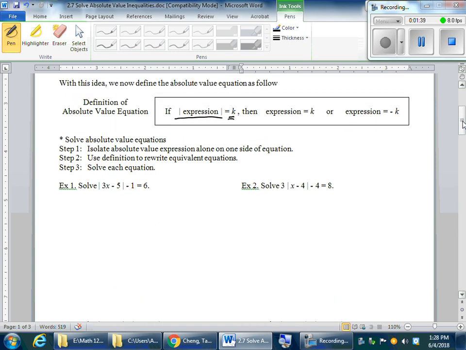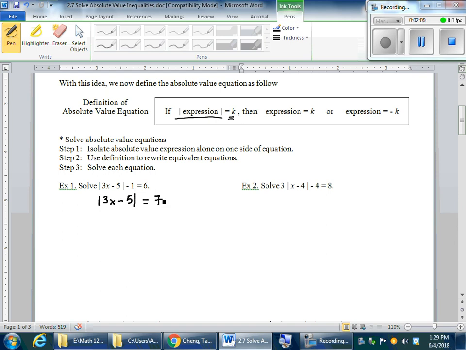So for example 1, I cannot apply the definition of absolute value right away because I have not isolated the absolute value itself yet. So first step, we have to add 1 to both sides so that it will be absolute value by itself on the left hand side and a number on the other side.